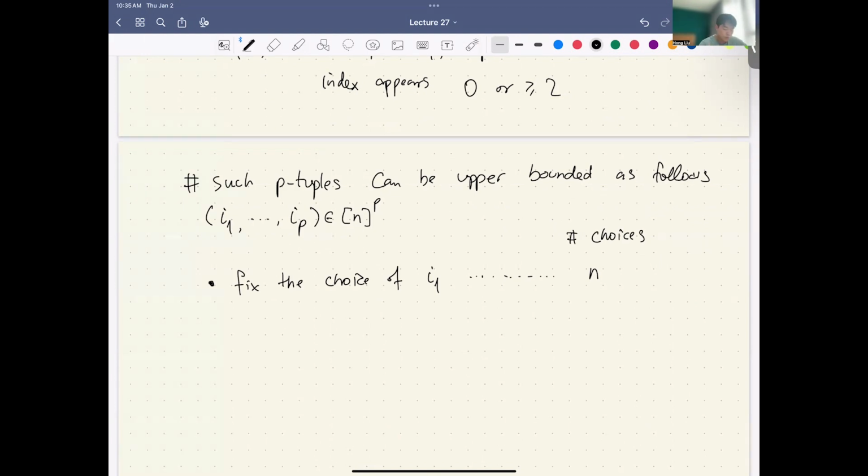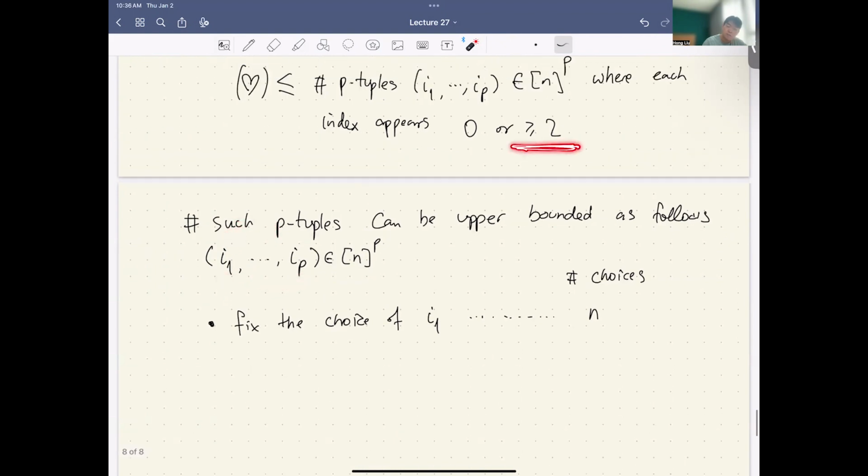You can choose an arbitrary index for I1. Now, once you choose I1, I know this index at I1 must appear at least one more time elsewhere, because every index must appear at least twice. So then we have to choose some other position so that this index in I1 appears again.